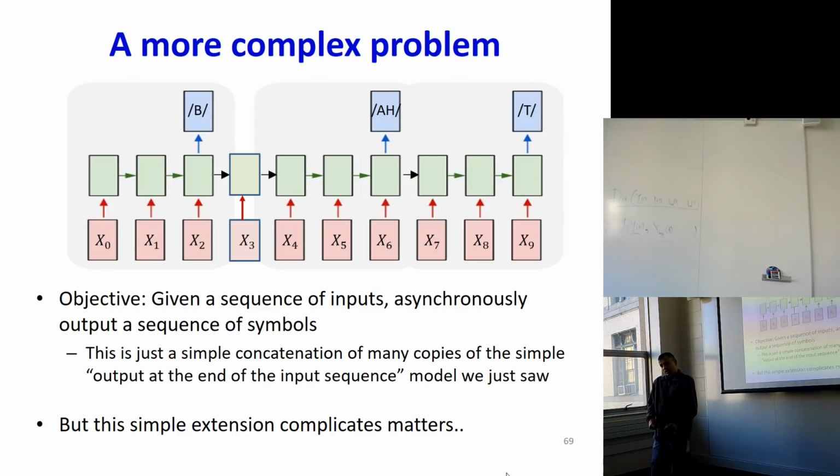Or I have this sequence of speech. Tell me what words happened when. So now this is a sequence of asynchronous outputs in response to a time synchronous sequence of inputs. And this is really just many concatenations of the simple problem that we just saw, but the simple extension makes things very difficult.